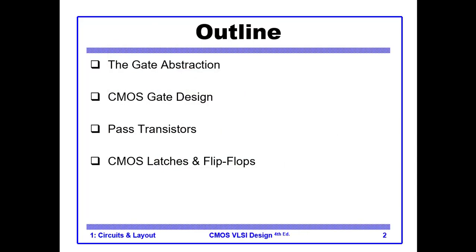This is the outline of the presentation. The first one is the gate abstraction. I hope that you know the meaning of this word abstraction. Abstraction means to hide the details. This is a very important word for electrical and electronic engineers, because all the complex systems that EE engineers build are based on this principle.